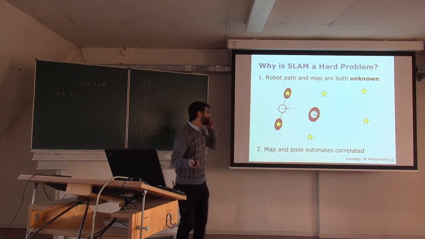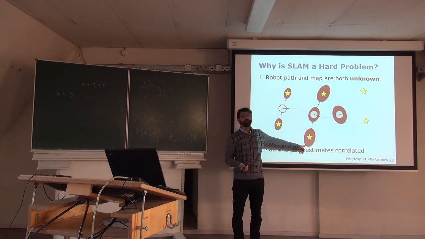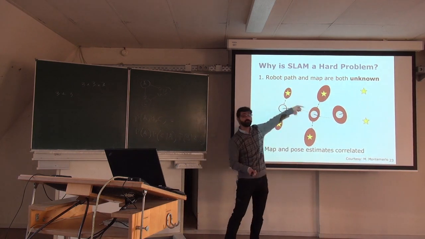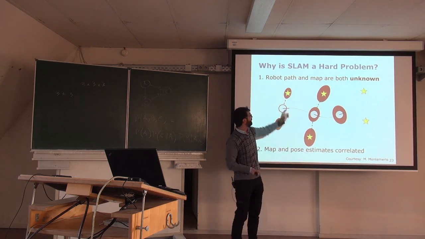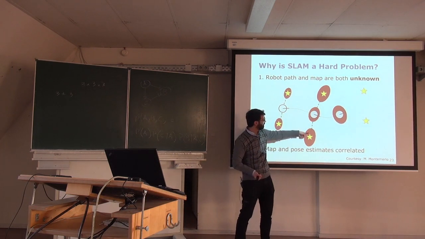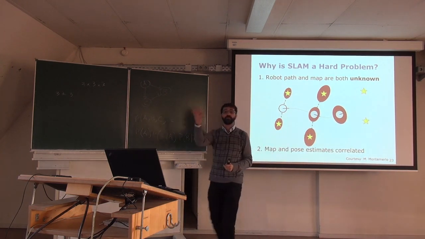Now the problem is when we reobserve, this uncertainty actually gets bigger. And the reason that it gets bigger is because you have to consider two sources of uncertainty for the map. One comes from the fact that I'm not sure where I am, and the other one comes from the fact that I'm not sure about my sensor itself.